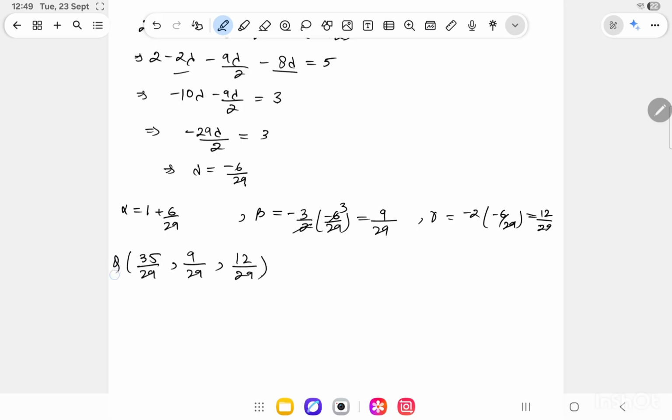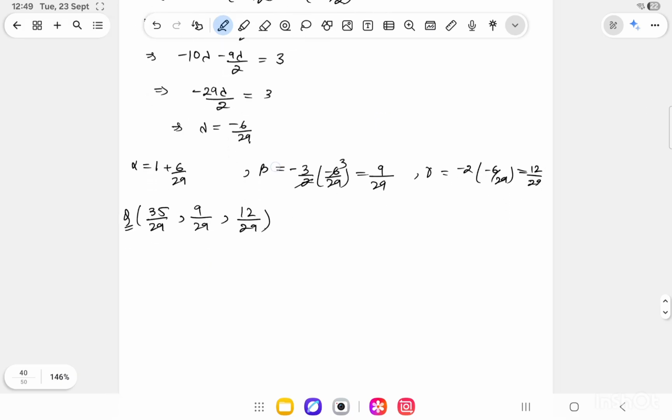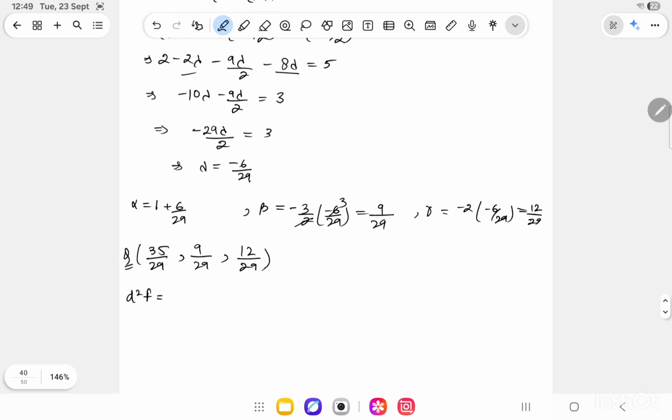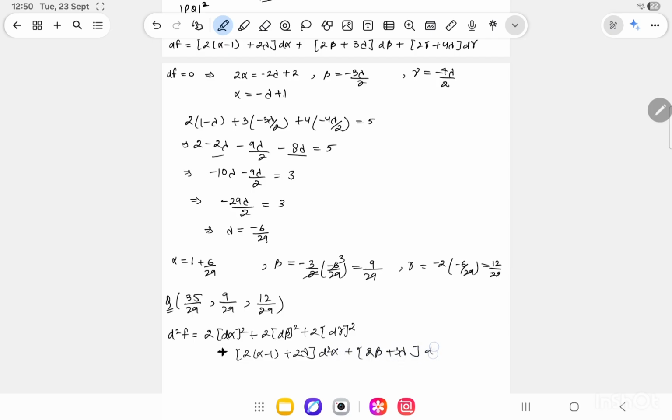This point is closest to the given point 1, 0, 0, and we can verify it by calculating d square F. That will be 2 into d alpha square plus 2 into d beta square plus 2 into d gamma square plus 2 alpha minus 1 plus 2 lambda into d square alpha plus 2 beta plus 3 lambda into d square beta plus 2 gamma plus 4 lambda into d square gamma, and these terms reduce to 0.